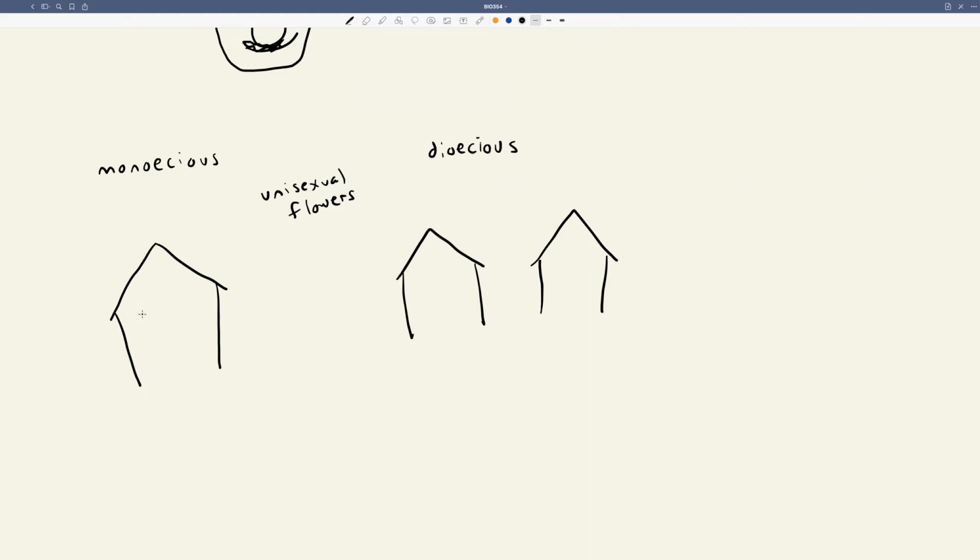So a monoecious plant has male flowers somewhere and female flowers somewhere else. A dioecious plant has a single plant has only male flowers or only female flowers. So the dioecious plant, that's most like what we have with humans. Let me see if I can just imagine us a plant here.